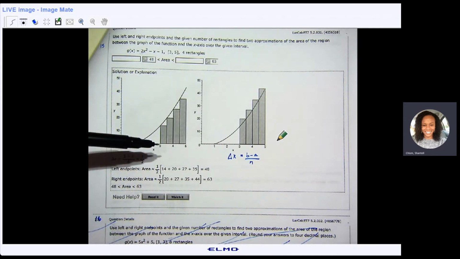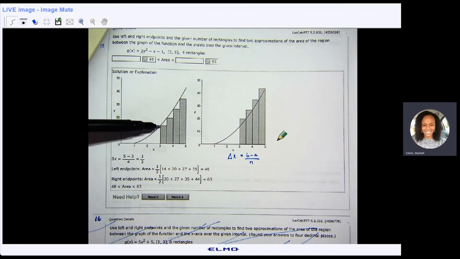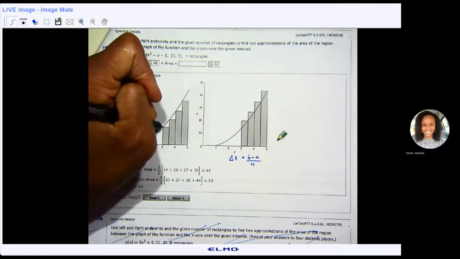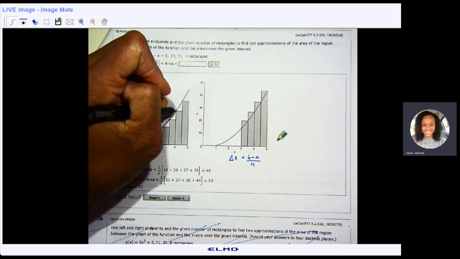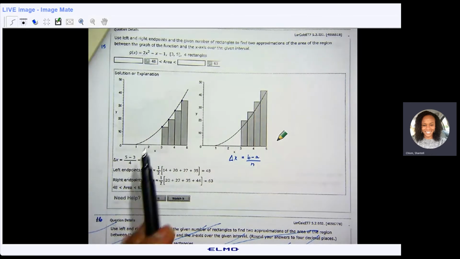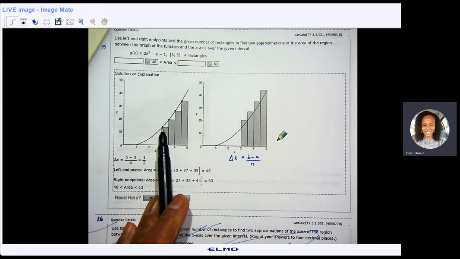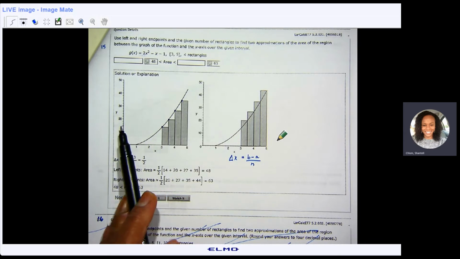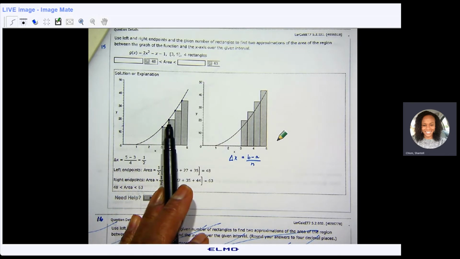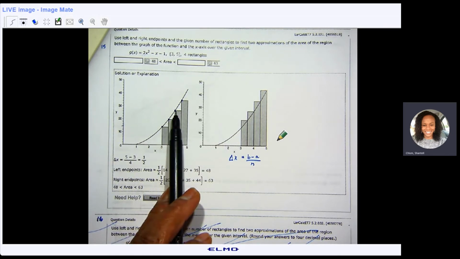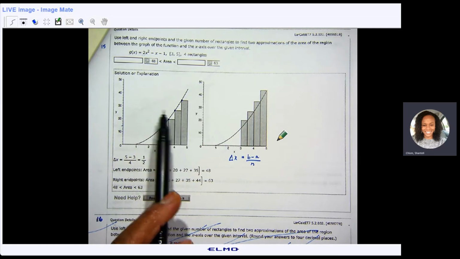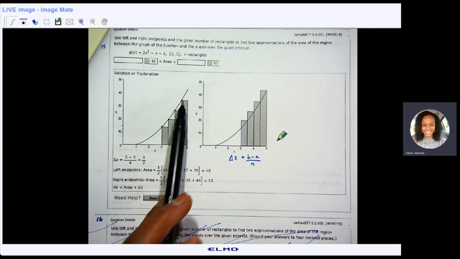But here on 15, you've got endpoints, the left, which you'll be using. So that one is at 14. Yeah, 14, you're counting in twos. That one's at 20. That one's at about 27, it looks like. And that one's at 35.